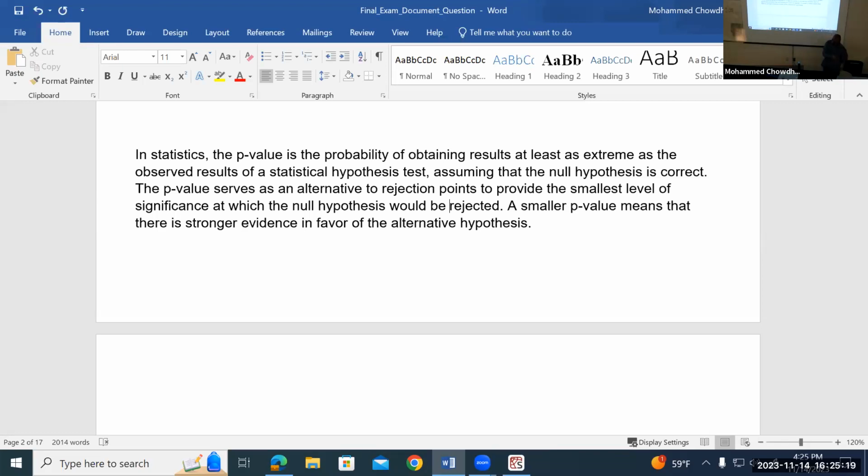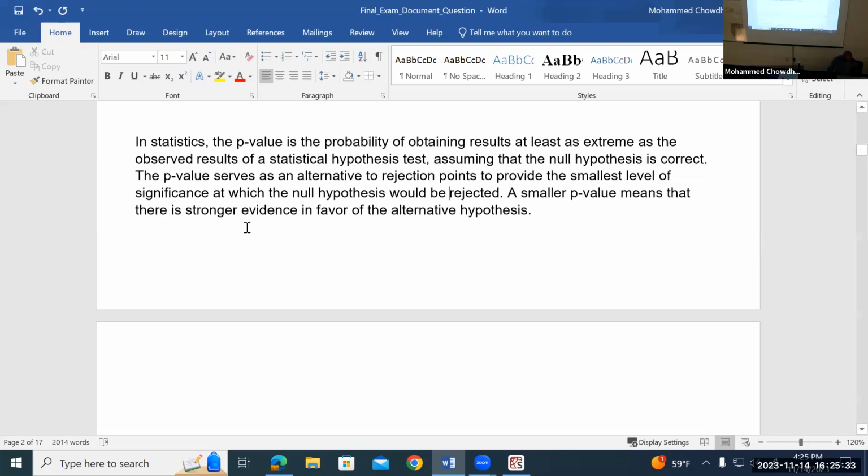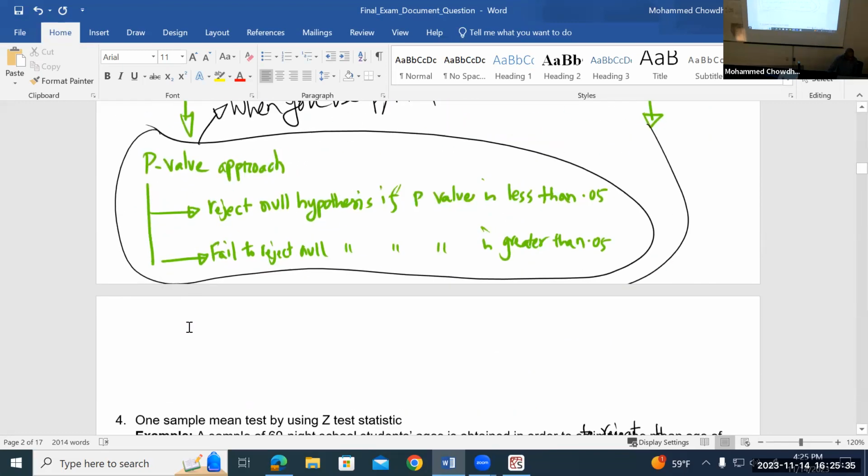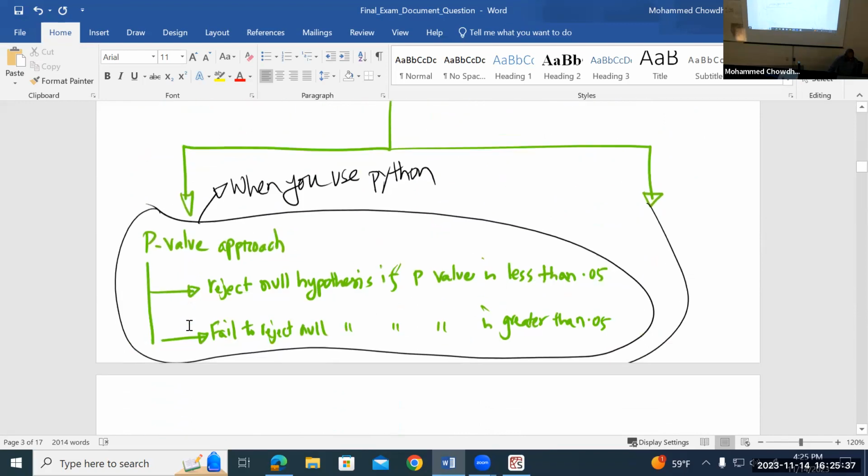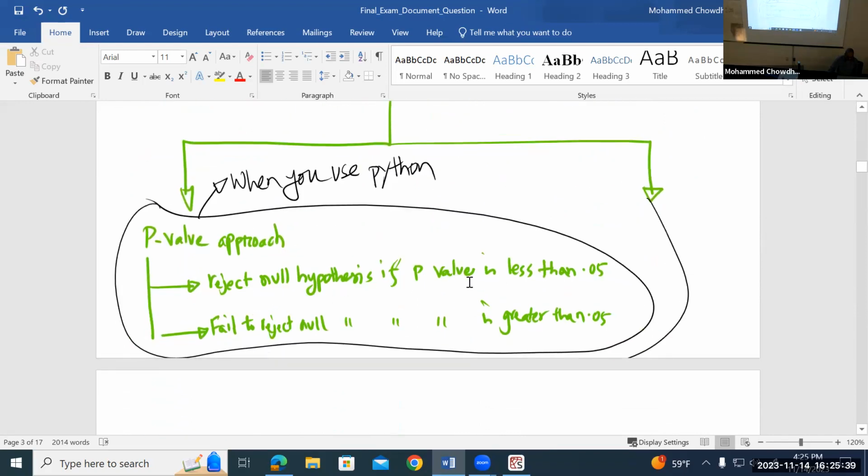When I start computing, I will discuss how to compute the p-value by paper and pencil. A smaller p-value means stronger evidence in favor of the alternative hypothesis. I wrote in there, reject the null hypothesis if the p-value is less than 0.05.